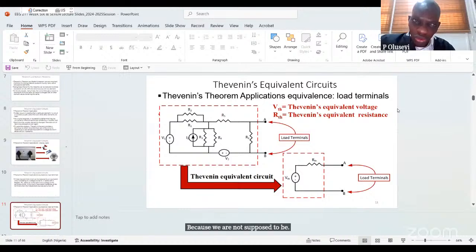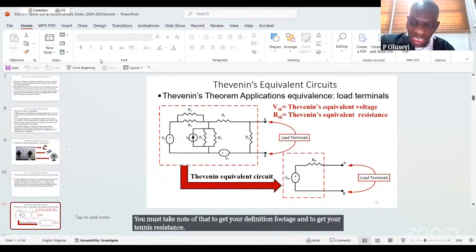When you are making use of Thevenin's theorem, it's only the load that you disconnect, and you resolve the rest of the circuit parameters to get your Thevenin's voltage and your Thevenin's resistance. You must take note of that.